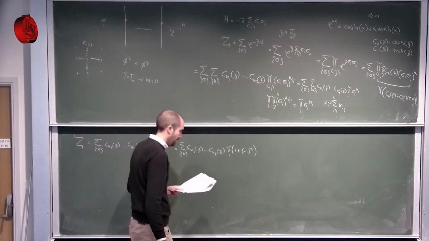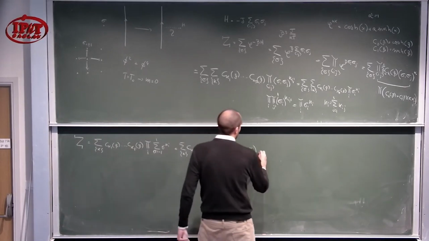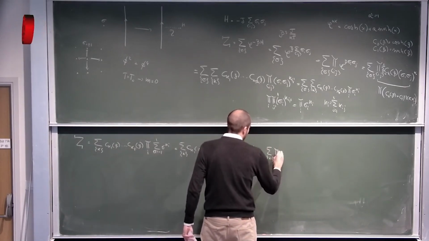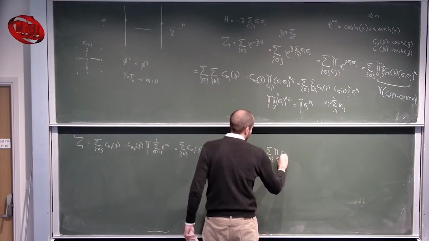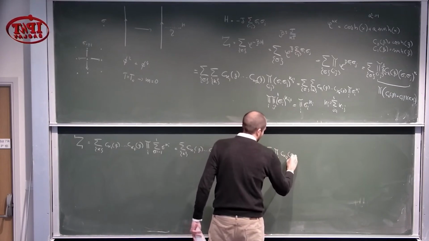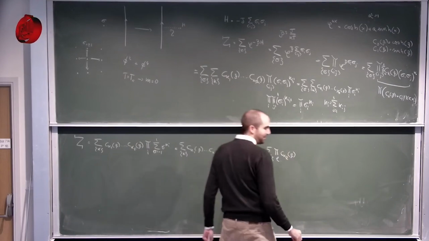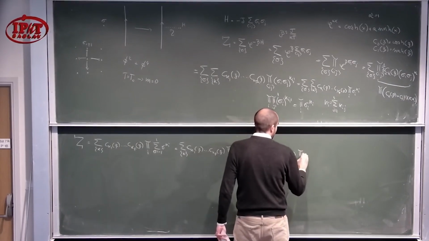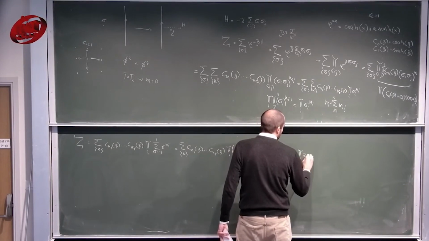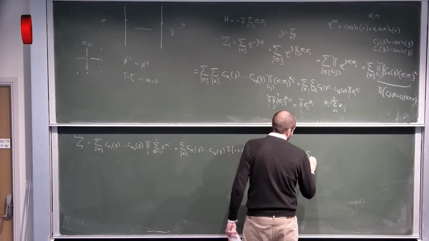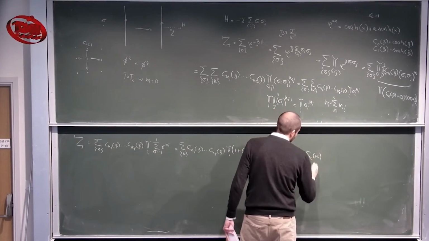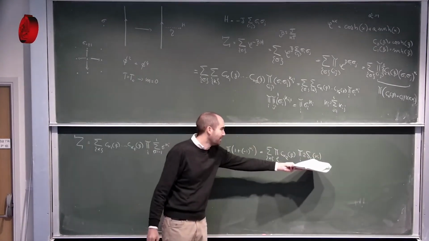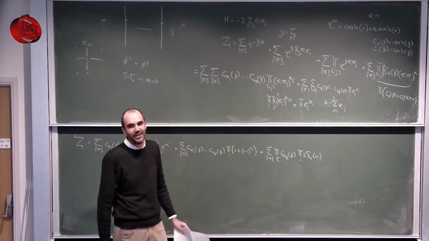So first of all, I don't know why I kept doing this all along, but I could have just written this as a product over links. I should have done it 3 steps before, but let me do it now. And then here I'm just going to write a delta 2 of n I. So this is a Kronecker delta mod 2. So essentially it's 0 if n I is odd and it's 1 if n I is even.